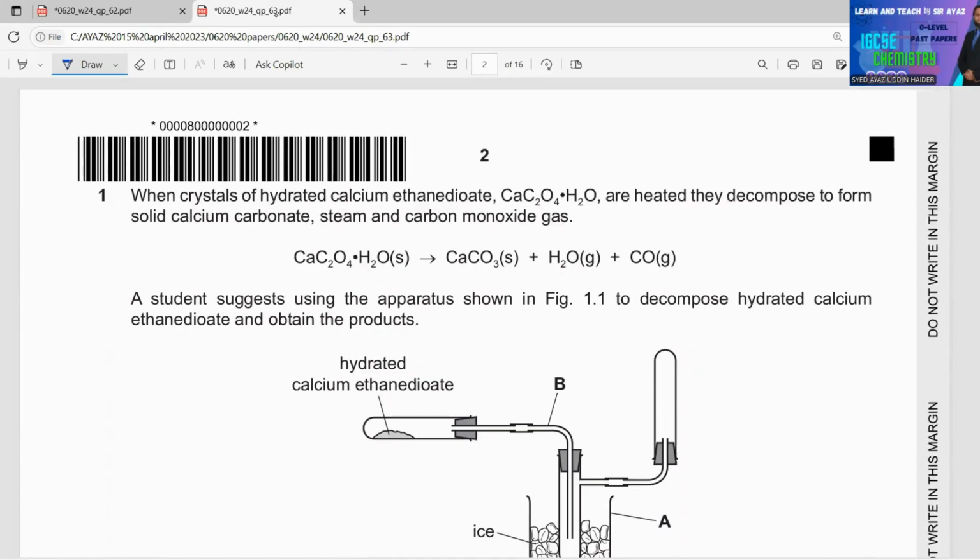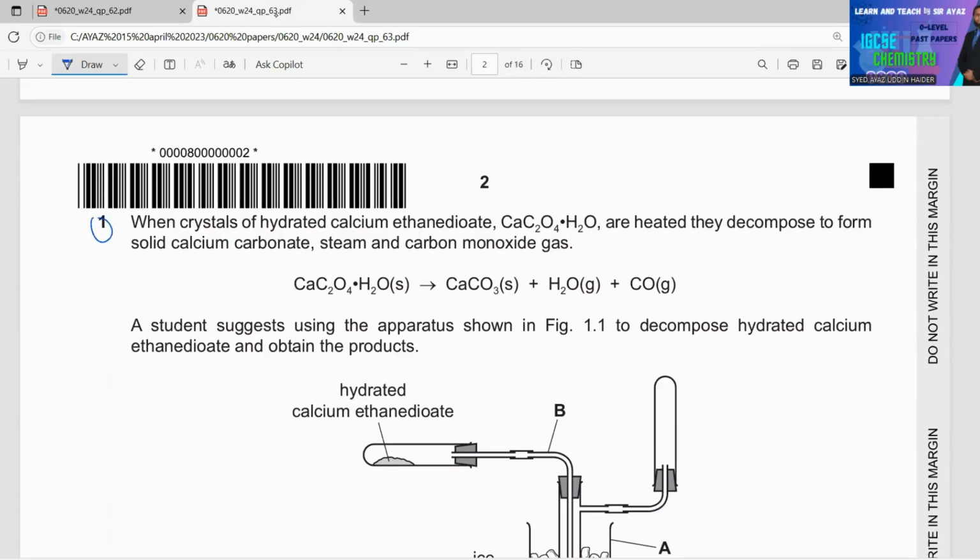Here's question number 1. When crystals of hydrated calcium ethanedioate, CaC2O4.H2O, are heated, they decompose to form solid calcium carbonate, steam, and carbon monoxide gas. Here's the reaction equation.